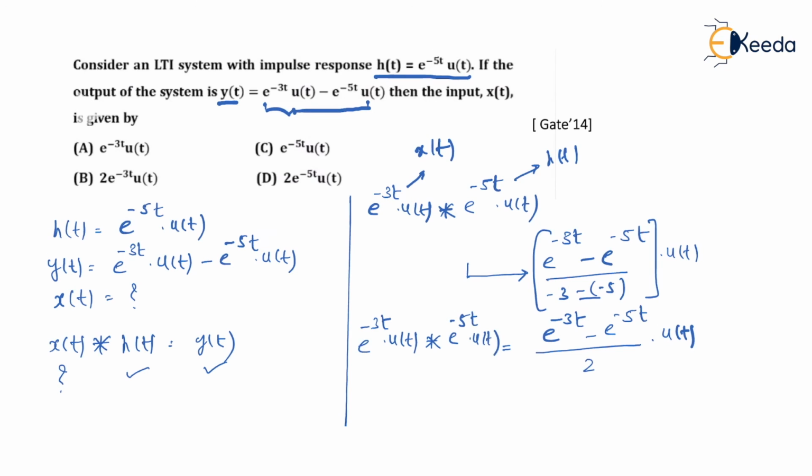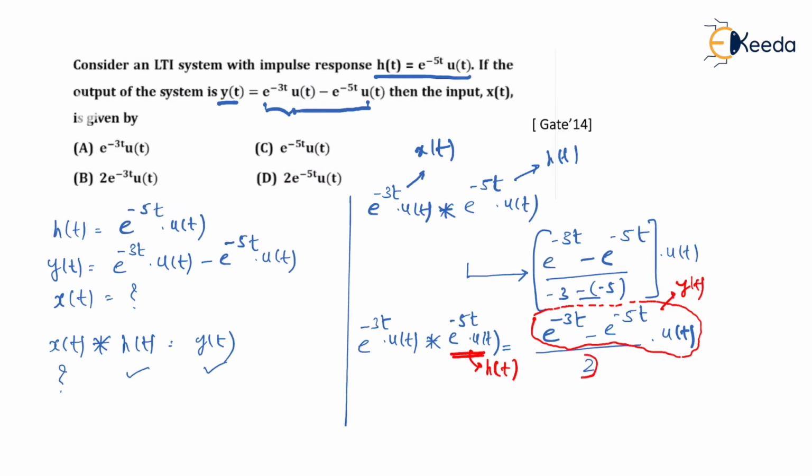Now observe something. So by your observation you should understand only this part. They are telling you this is y of t. If you see carefully, this is y of t, this is your h of t, am I right? So this 2 is the extra stuff.